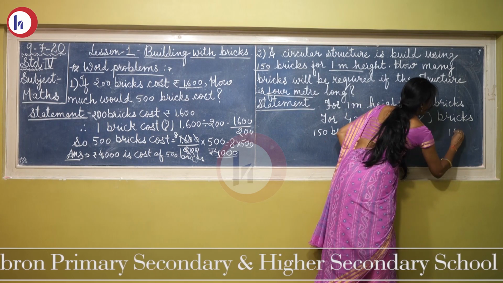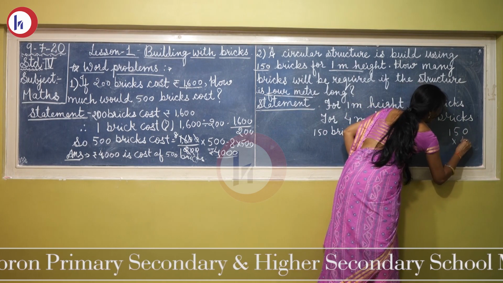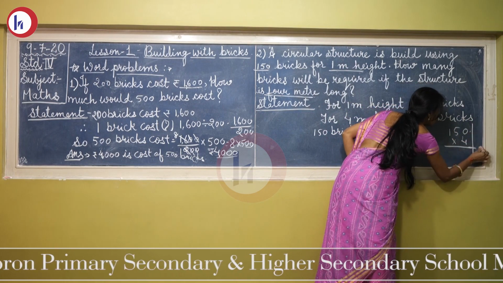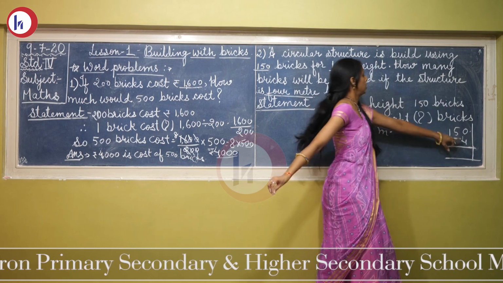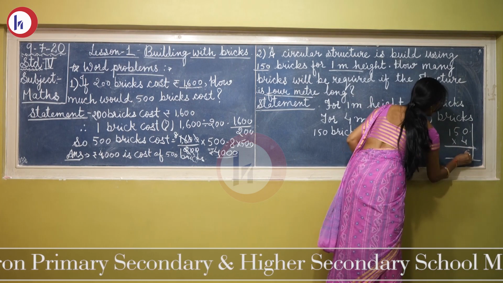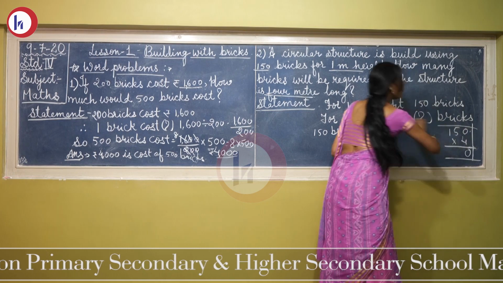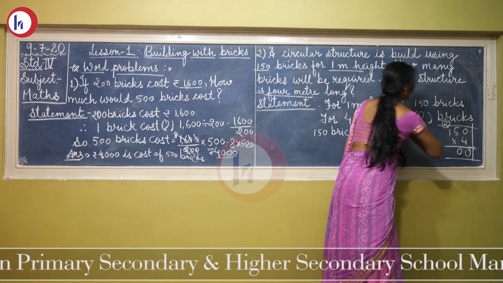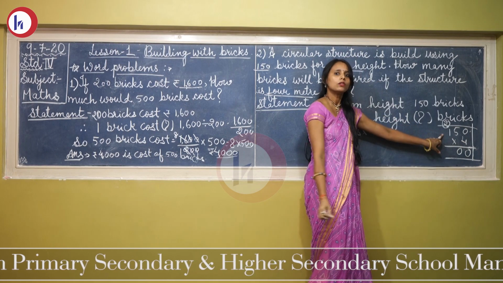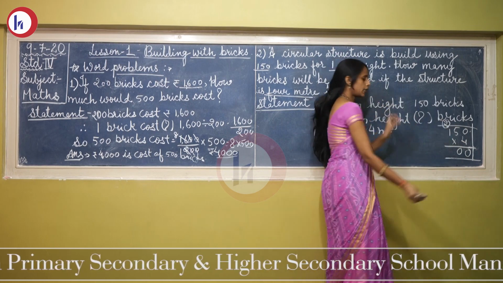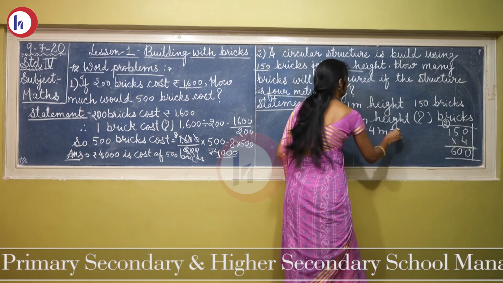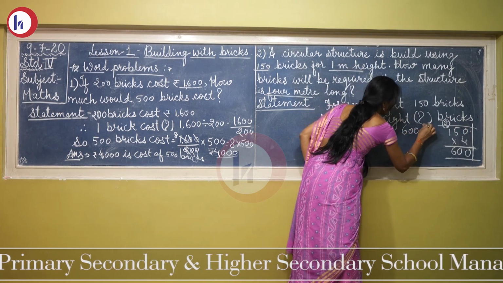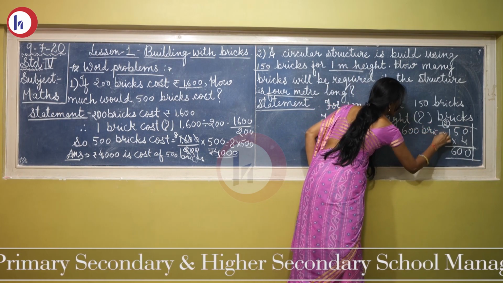So 150 multiplied by 4. Now do the multiplication. 0 multiplied by 4, 0. 5 multiplied by 4, 20. So 0, and 2 will be carried forward. Now 4 ones are 4, and 4 plus 2 is 6. 600. So the answer is 600 bricks.